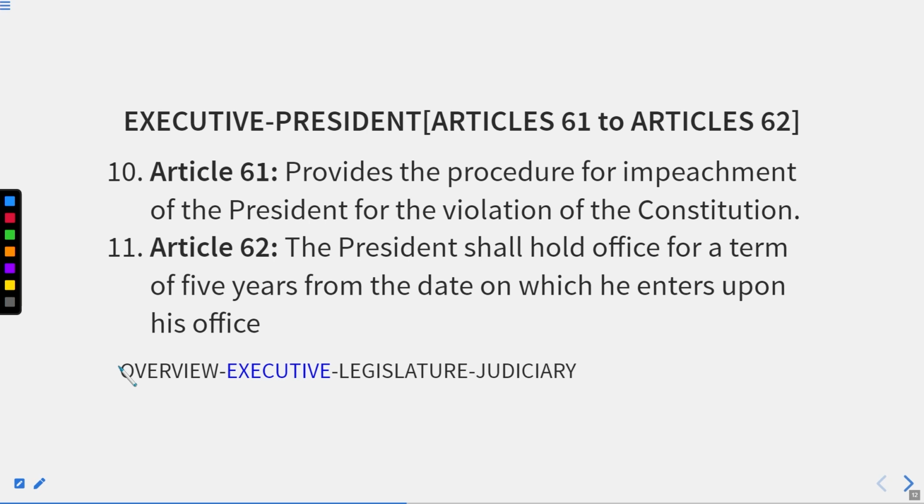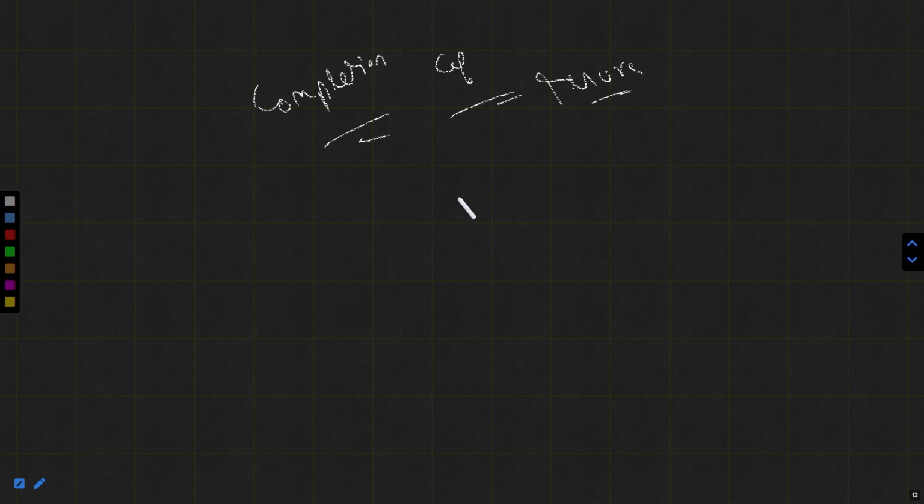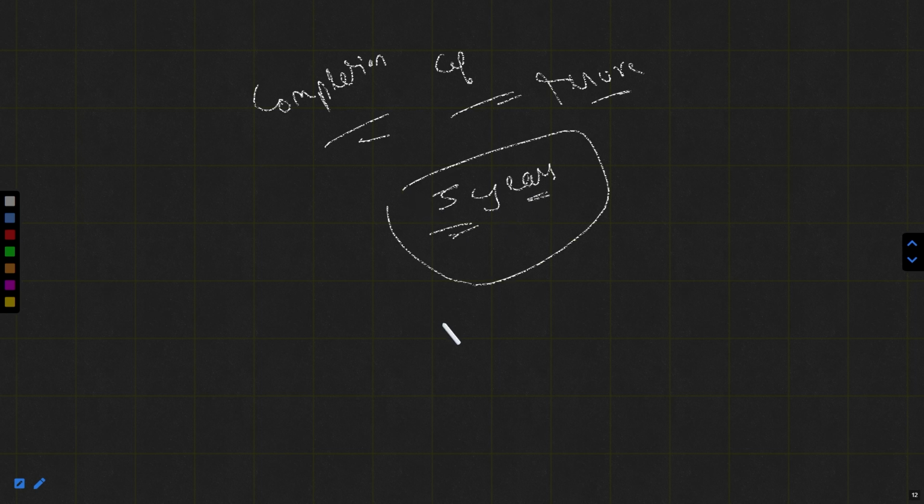Thereafter, Article 61 provides the procedure for impeachment of the president for violation of the Constitution. The president could be removed from the office before completion of term or tenure, which means 5 years from the date of entering the office, only by means of impeachment.